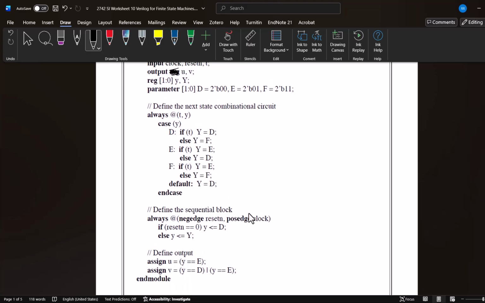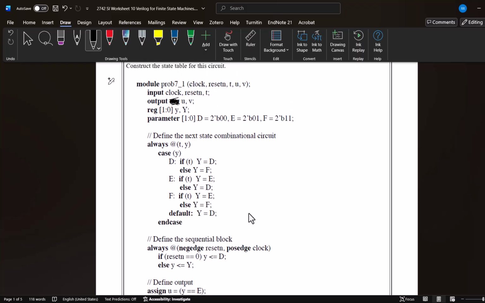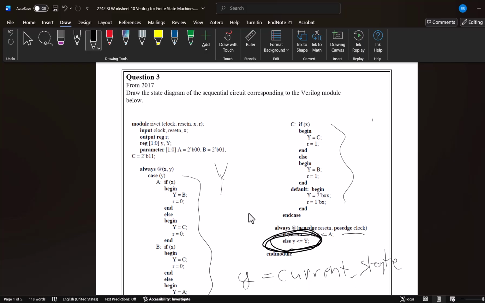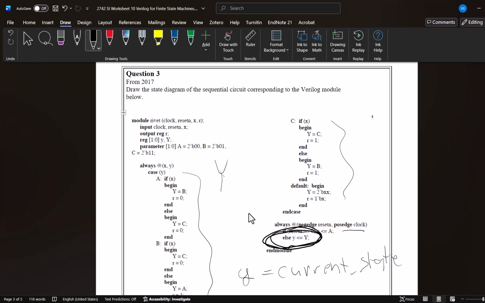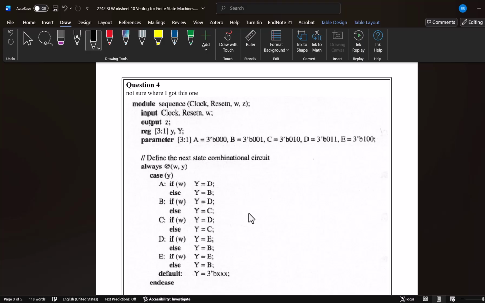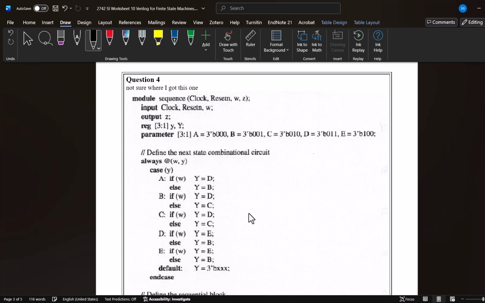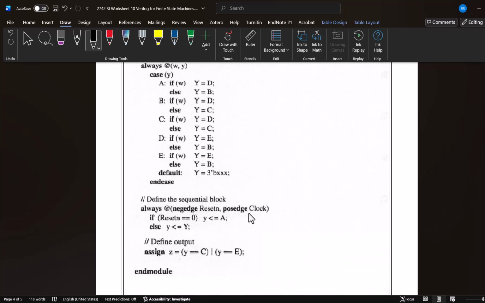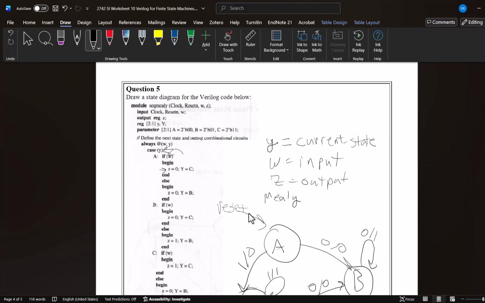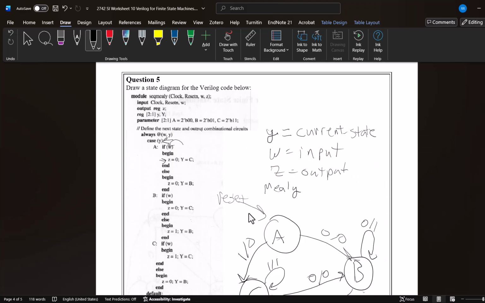And a reg has to be inside an always block. But if we look at this one, it is output reg R because we're assigning it inside the always block in question 3. In question 4, we're assigning it outside the always block, and so there's no reg. In number 5, it's inside the always block, so it's output reg.